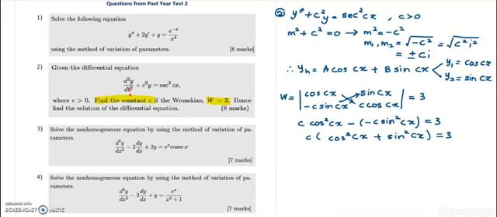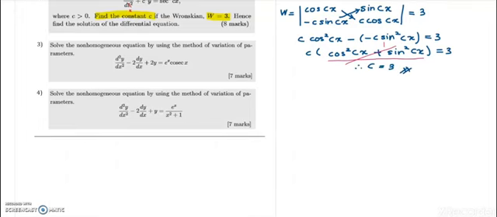The expression in the bracket is the trigonometric identity cos squared A plus sine squared A, which is 1, regardless of the c here, because we have cos squared plus sine squared with the same angle cx. So it means that our c is 3. That is our c.